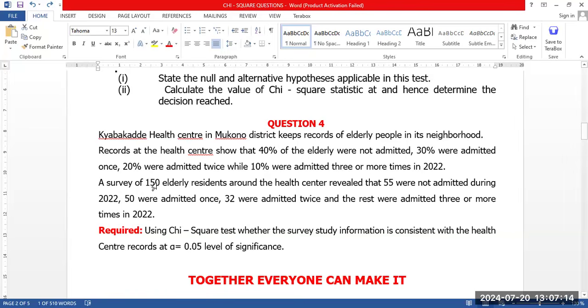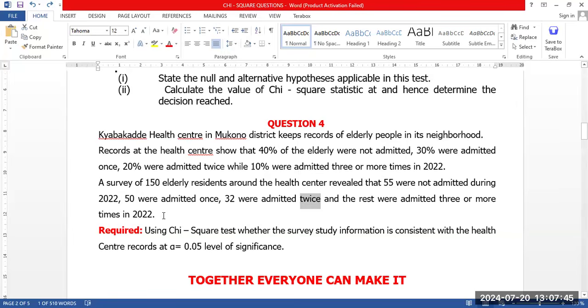A survey of 150 elderly residents around the health center revealed that 55 were not admitted. Remember, we have the percentage for those not admitted. And they are telling you that 50 were admitted once, 32 were admitted twice, and the rest were admitted 3 or more times in 2022.